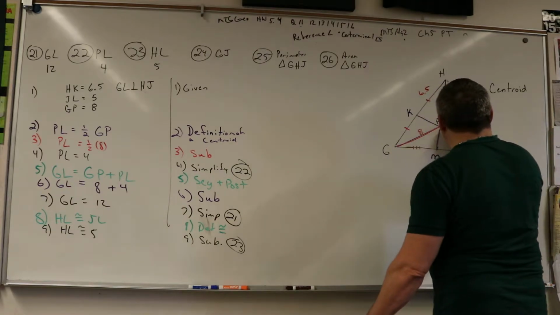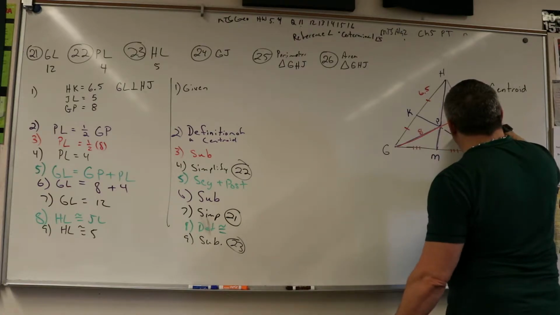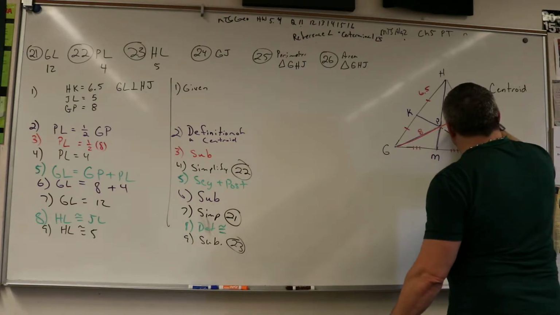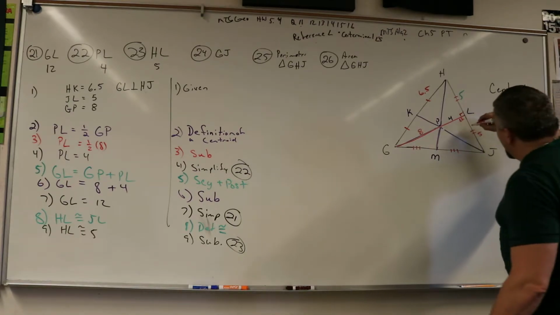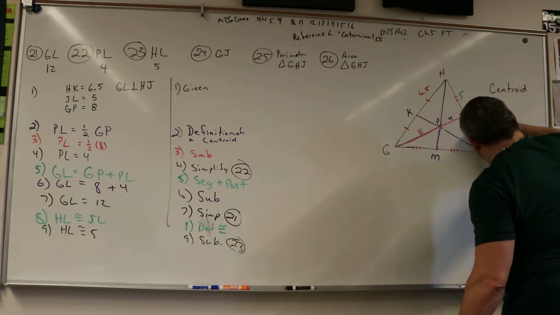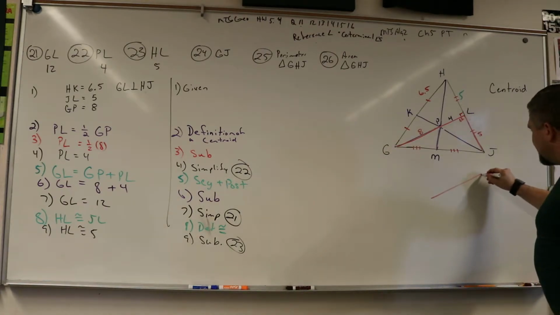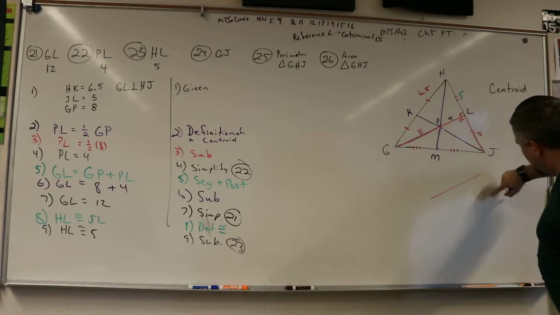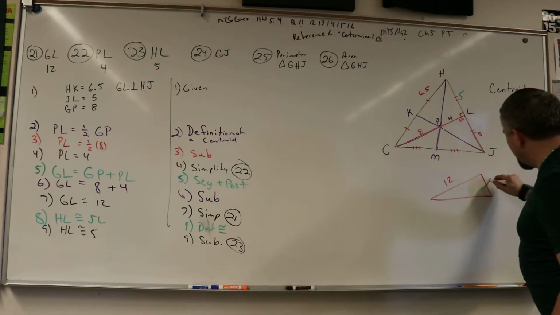GL is 12. In fact, I got confused earlier, so I'm going to put it on the inside. So this side is 12, and this side is 5. Okay? So I'm going to rewrite that so that we can see it, as 12 and 5.